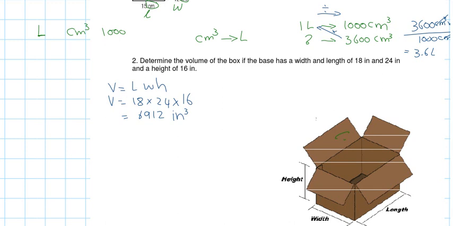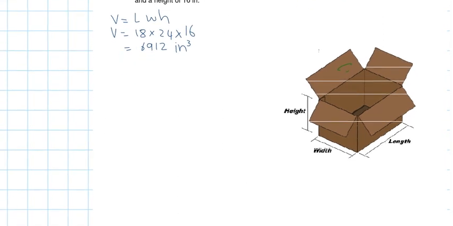Another thing you have to be careful with is that you already found your answer in inches cube. I know that 1 inch is equal to how many centimeters? 2.54 centimeters. Eyes on me, please, because this is very important. I don't have inches, I have inches cube.